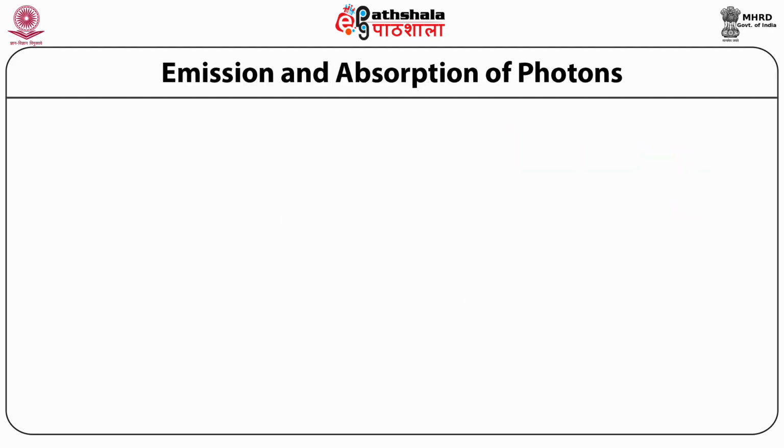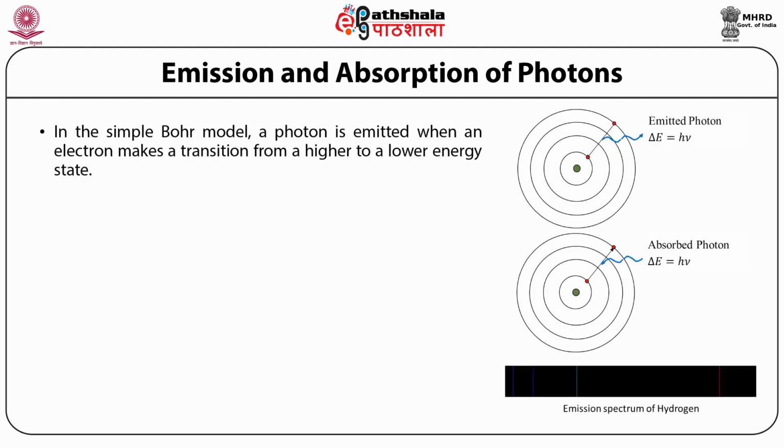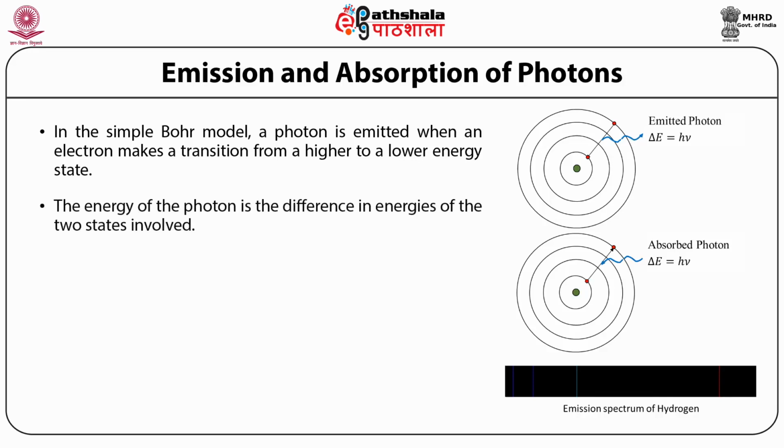Emission and absorption of photons. In the simple Bohr model, a photon is emitted when an electron jumps from a higher energy level to a lower energy level. The photon which is emitted has energy equal to the difference in the energies of the two levels involved in the transition, as shown in this figure.